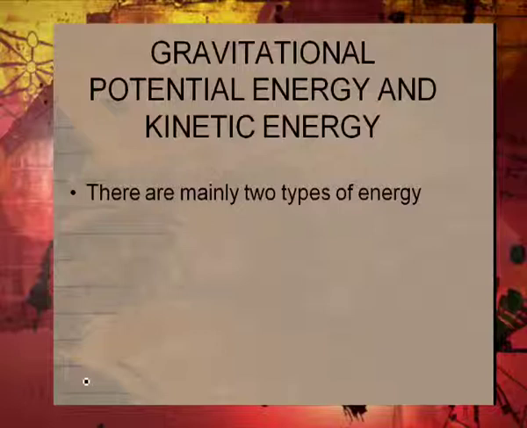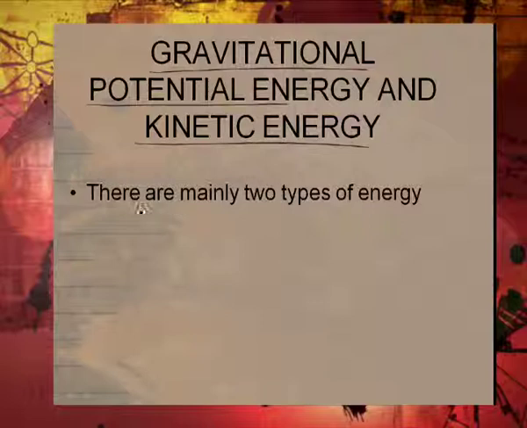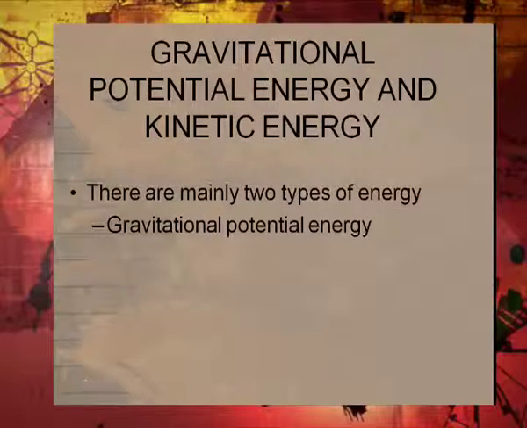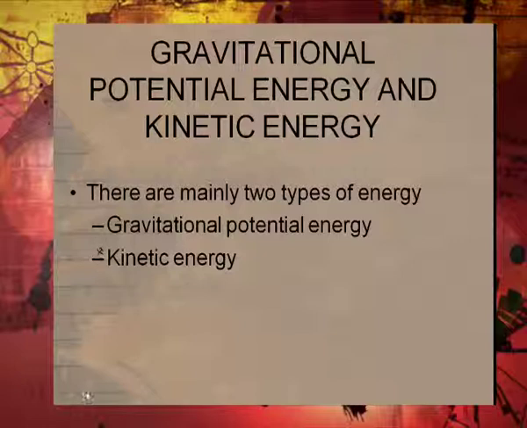Now let's begin, of course, with the grade 10 stuff here. Let's talk briefly about gravitational potential energy and kinetic energy. Mainly we've got these two types of energy called the gravitational potential energy and the kinetic energy.